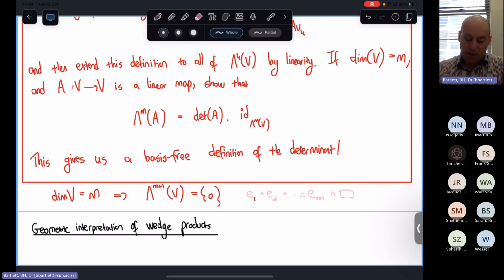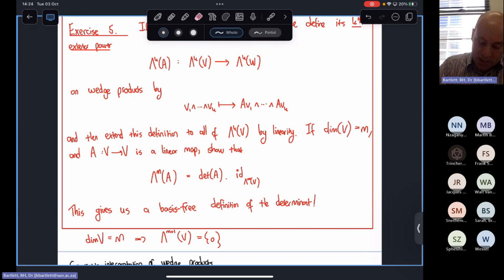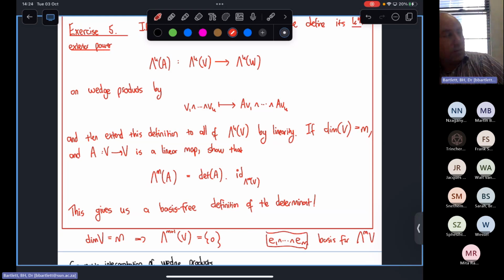But you do have the concept of the top exterior power, and that's going to be a one-dimensional vector space. If I take a basis for V, then this would be a basis for the top exterior power. It's just a single basis vector. So I can ask what the top exterior power of my linear map does on that basis vector.